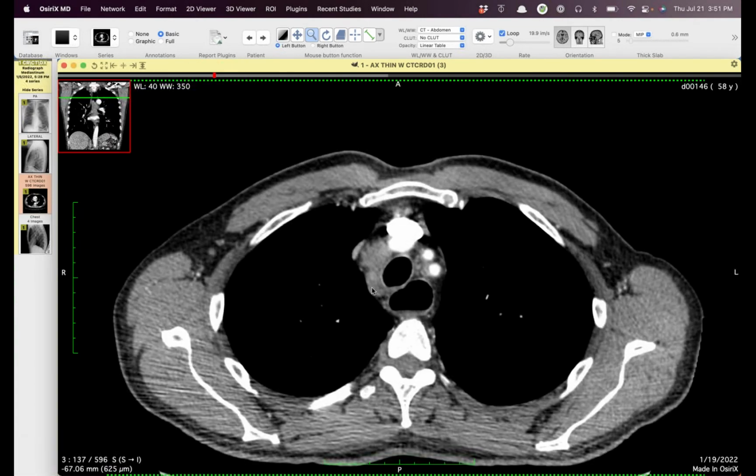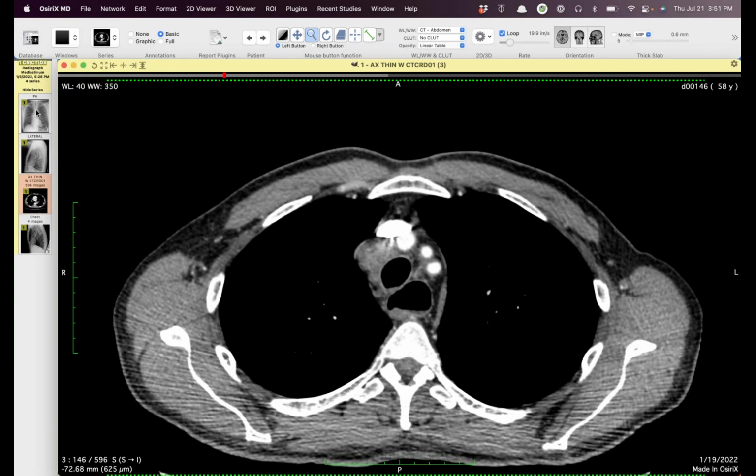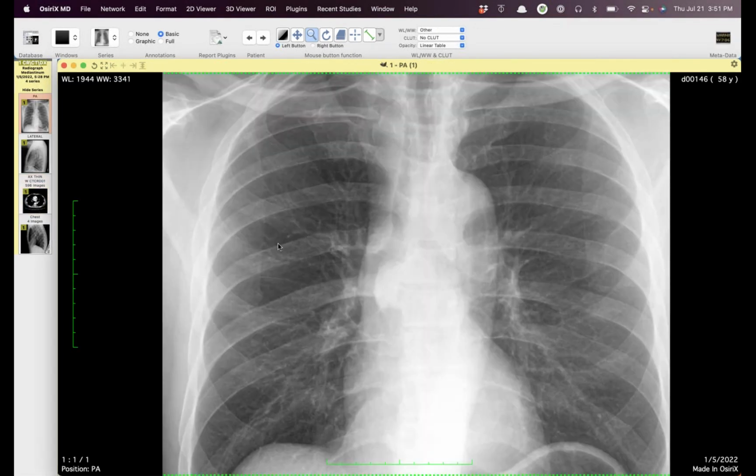Even this right paratracheal node, I couldn't really see on the radiograph when looking at it again, but it's a good thing the patient got the CT. That just looks like the normal lateral interface of the SVC, azygos. But this patient did have their esophageal cancer diagnosed as a result of somebody picking up the osteophyte there.